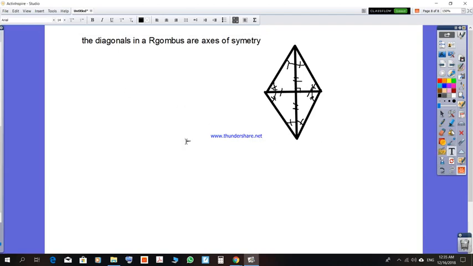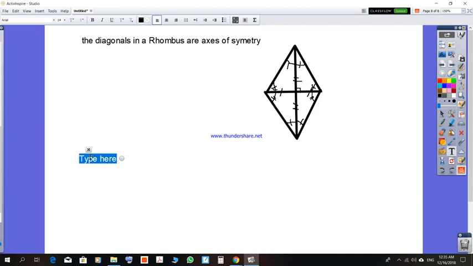So we can say about the rhombus that it has two axes of symmetry, and the rectangle also has two axes of symmetry.